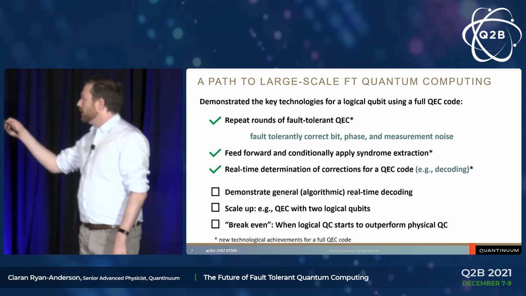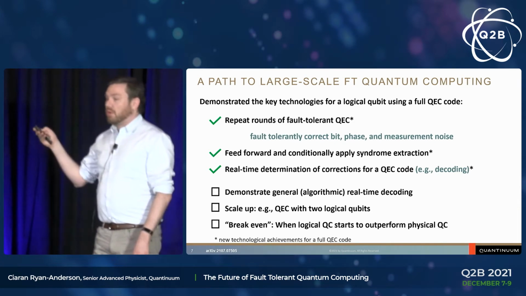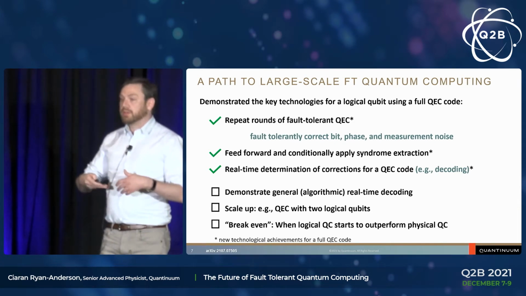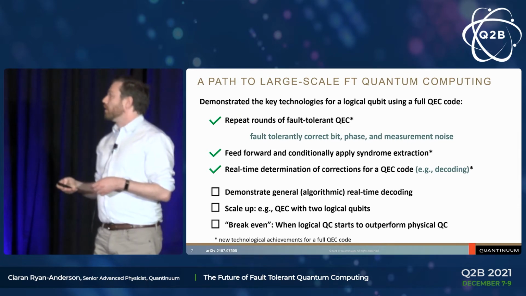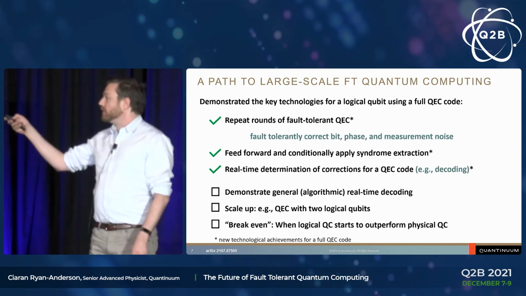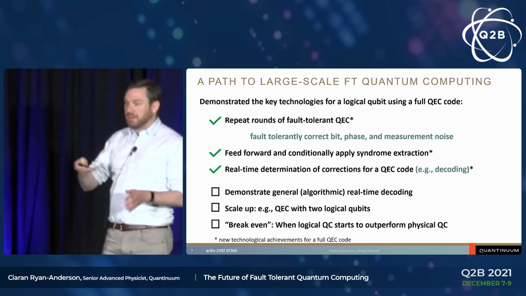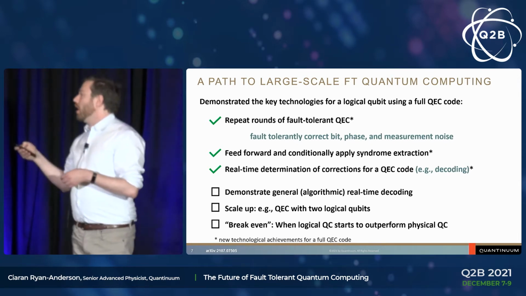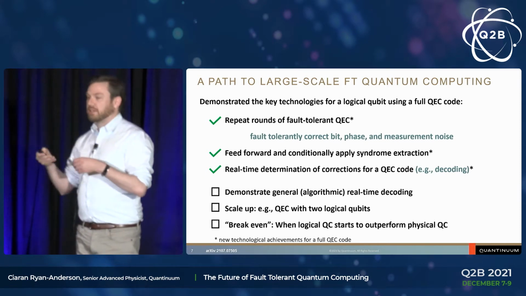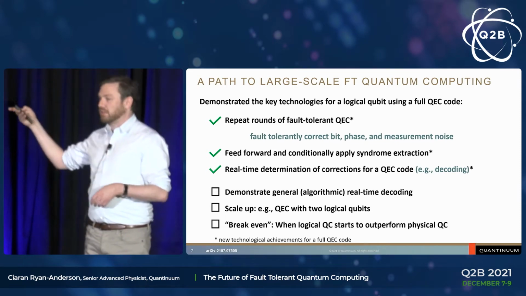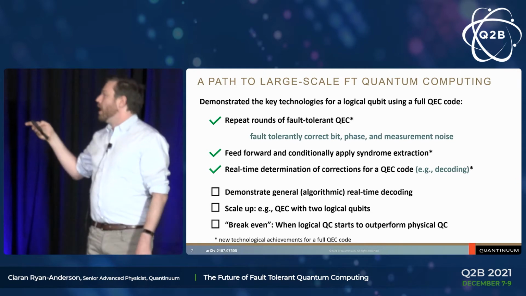But an important feature for going towards large-scale fault-tolerant quantum computing is real-time determination of corrections. So that's determining during the computation the corrections that you need to do using a classical algorithm called the decoding algorithm.